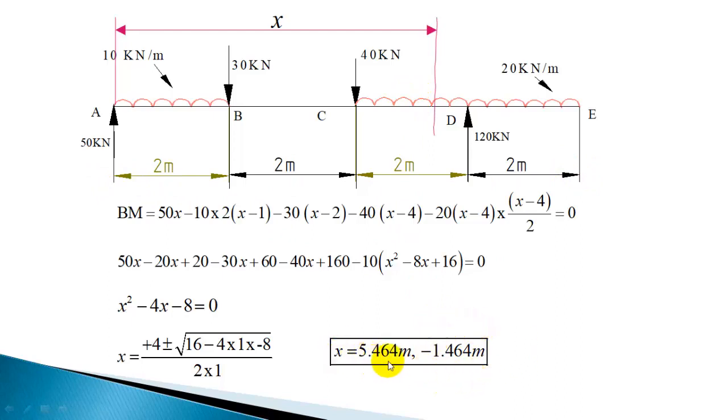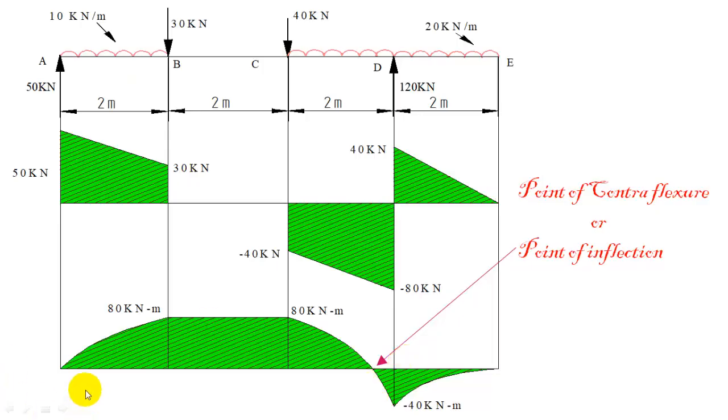So x is 5.464, which is coming in this section, so this should be taken as the solution. So the distance of that point of contraflexure from the left hand is 5.464 meter. So that means this distance is 5.464 meter.